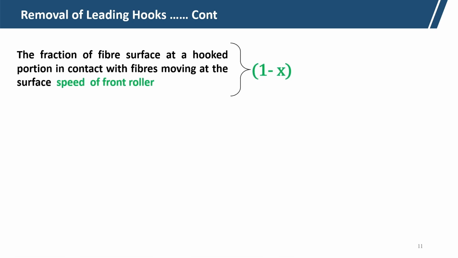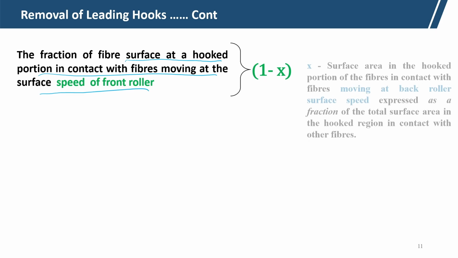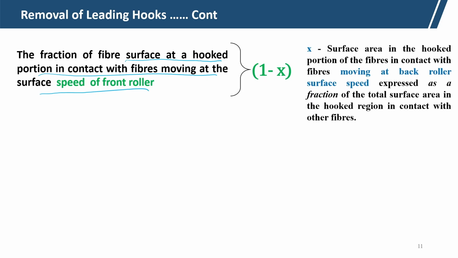Now, consider the fraction of the fiber's surface at the hook portion in contact with the fibers moving at the front roller speed. x was the fraction moving at the back roller speed, that means 1 minus x is the fraction moving at the front roller speed.